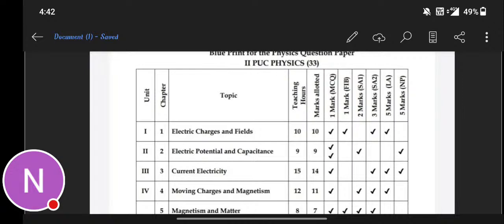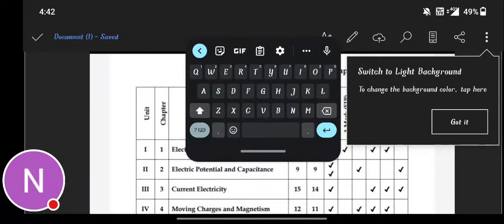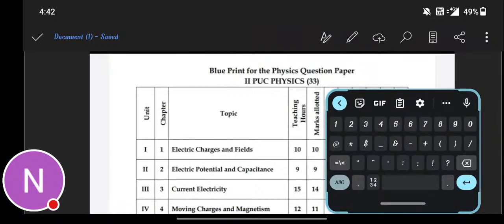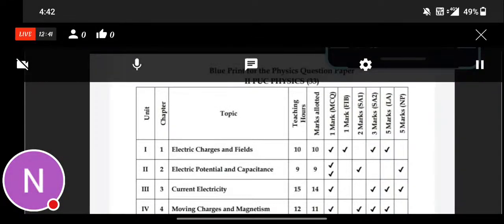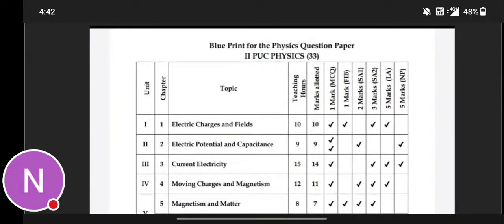If you do more mistakes, if any student has more difficulties, he will score this much marks. So let us keep 35 marks you have to get in writing better.